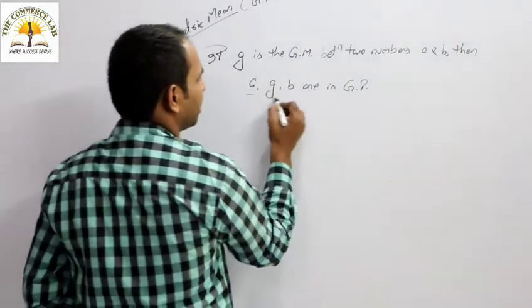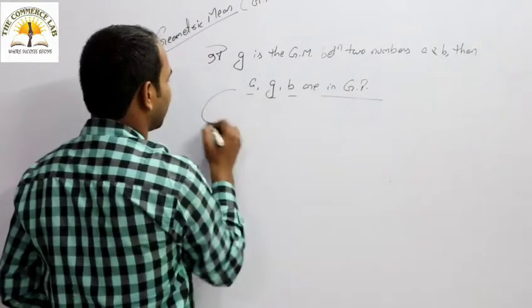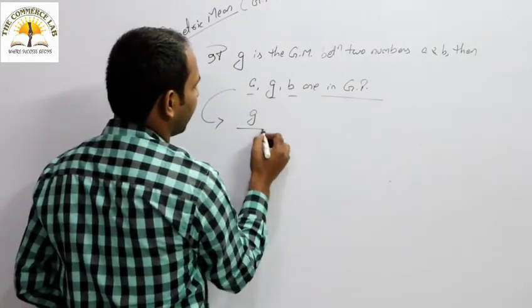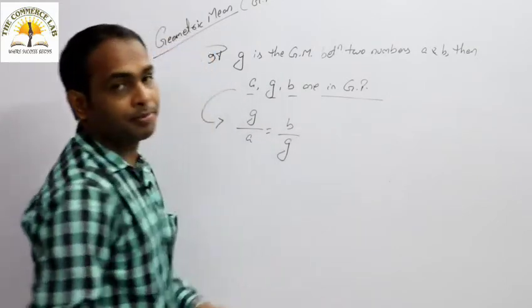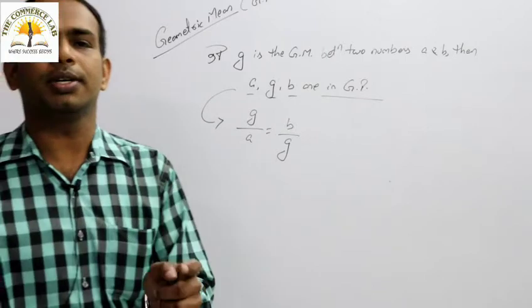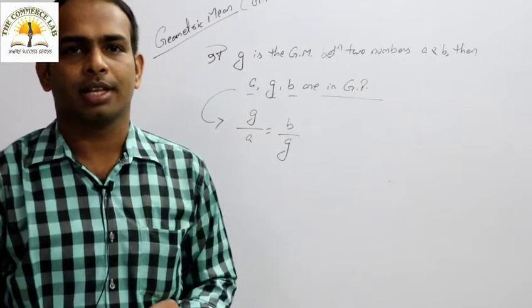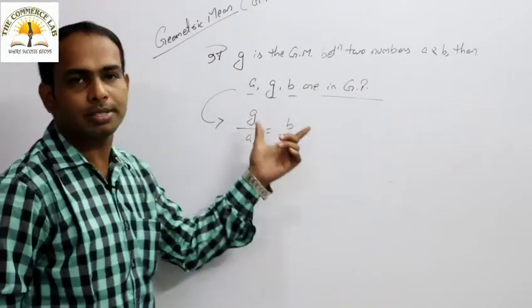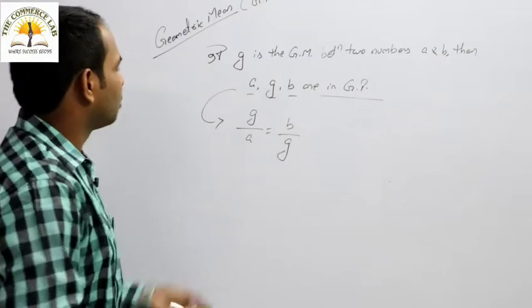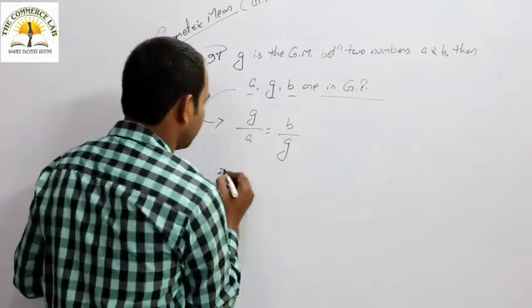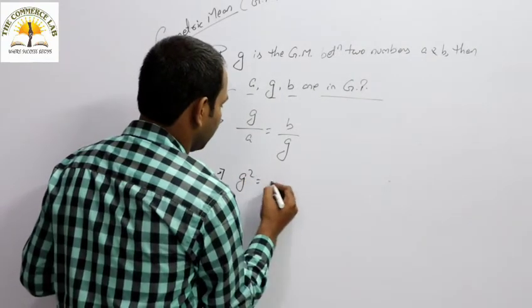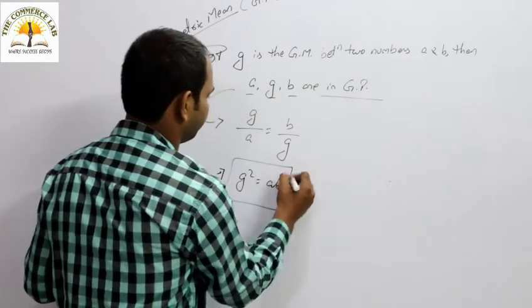If A, G, B are in GP, then we can write G by A must be equal to B by G, because the ratio between the consecutive numbers must be the same. So G by A is equal to B by G. This implies G square is equal to AB.